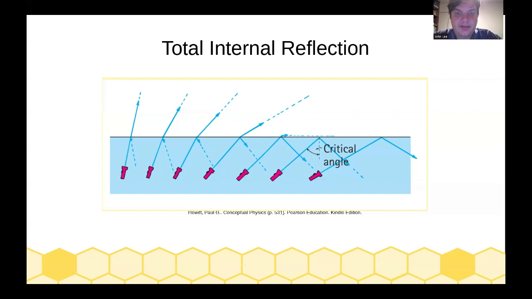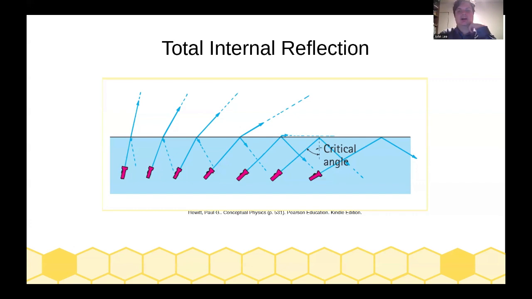That is when the angle outside becomes 90 degrees, when the angle outside just starts going along the surface. That's called the critical angle for the inside.